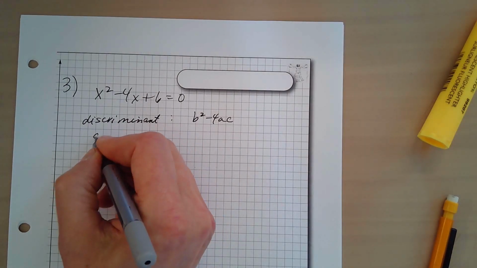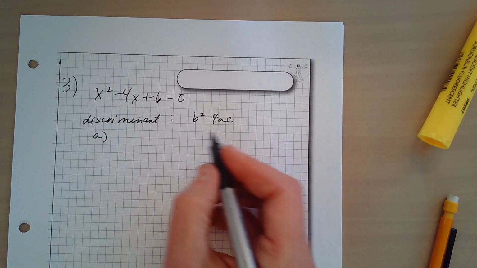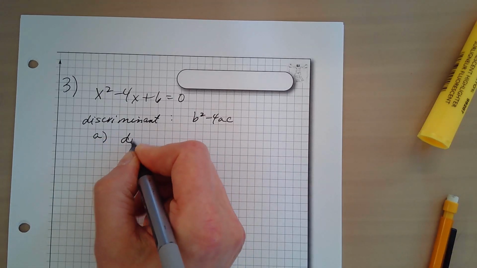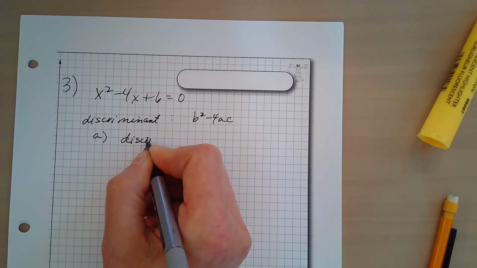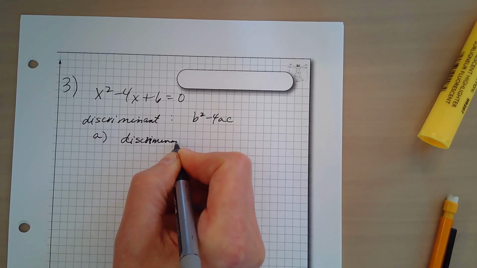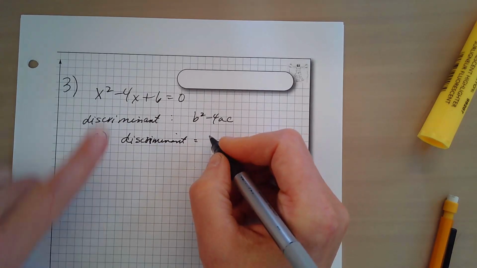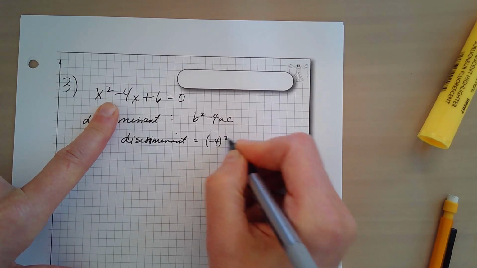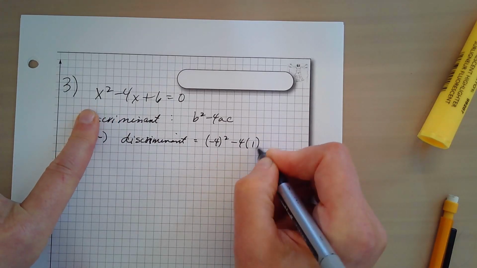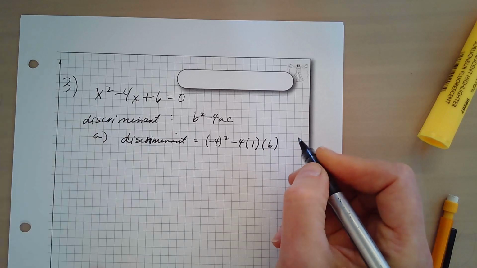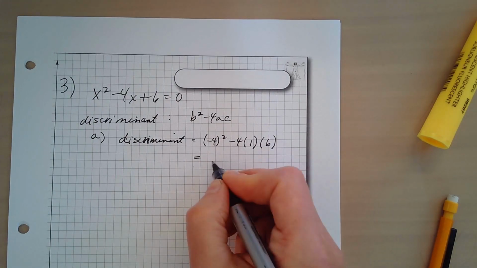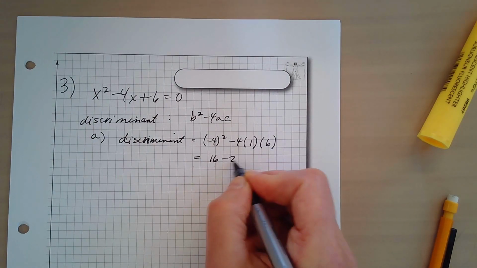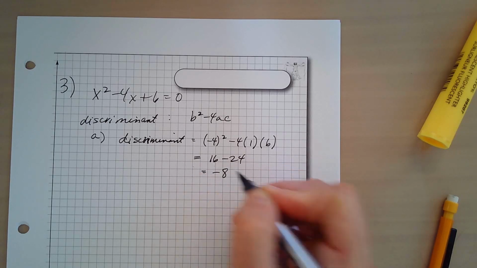So let's find the value of the discriminant. The discriminant equals b squared minus 4 times a times c. So it's going to be 16 minus 24, negative 8.